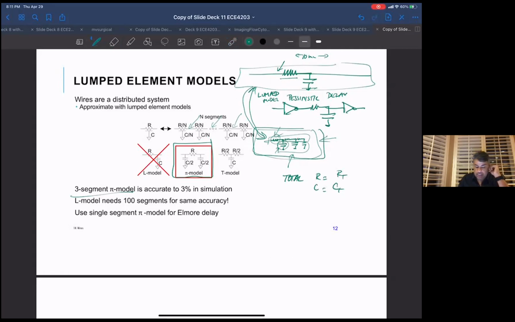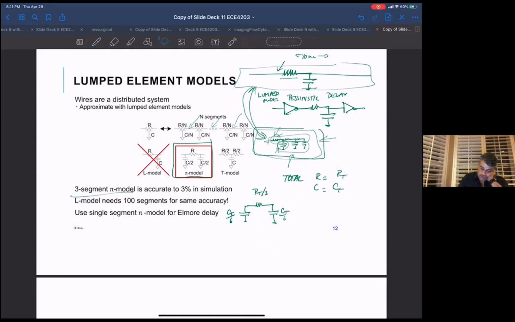So if you make a 3-segment model, it's called a pi model, I assume, because somehow this looks like a pi. I guess it kind of does look like a pi. So you make this R total divided by 3. You make this C total divided by 6. You make this C total divided by 6. And you get 3 of these guys.